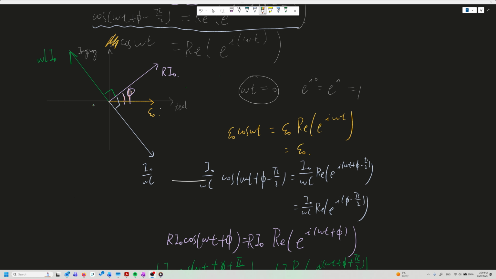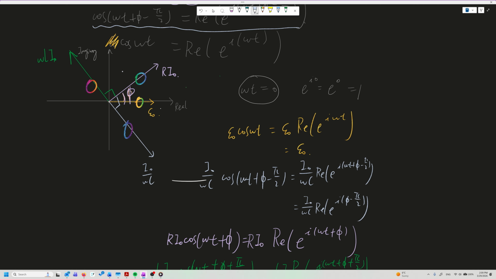So the question is asking us if the sum of this vector and that vector gives us this vector. So how can we do that? Now let's try to represent that visually. How can we arrange these four vectors so that it is very clear to see that their sum, these three vectors' sum, yields epsilon 0?